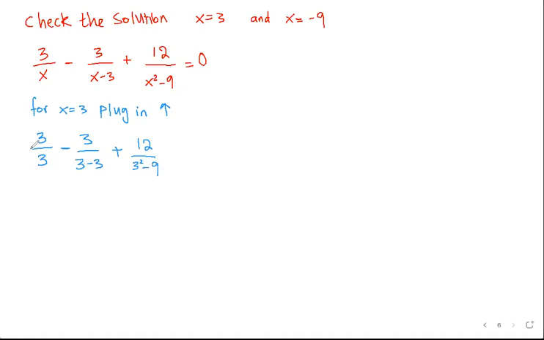Look here, this gives me 1 minus 3 over 0 plus 12 over 0, and this is not defined. So here it is not defined, because 3 over 0. So x equals 3 is not a solution.